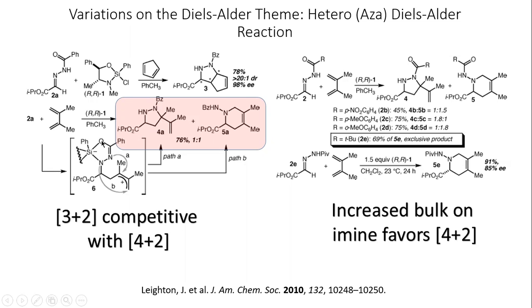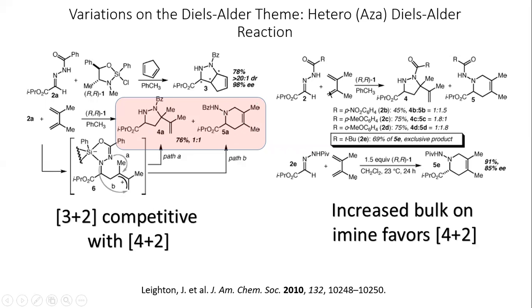So then you can chelate to the silicon in that way, right? And then intramolecularly, after the addition, you do this 4+2 here, right? I'm sorry, the 3+2 to get you to here. And that's a 1-to-1 ratio of this to this. But then if you look at path B, that gives you your traditional 4+2 cycloaddition.